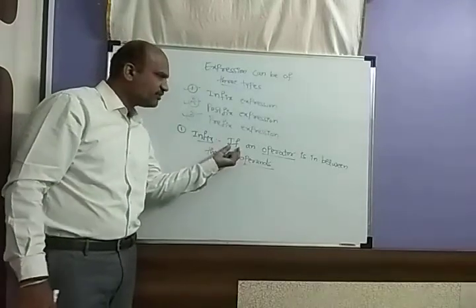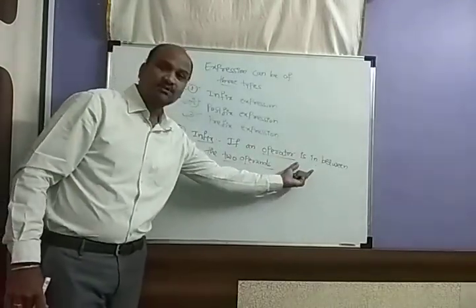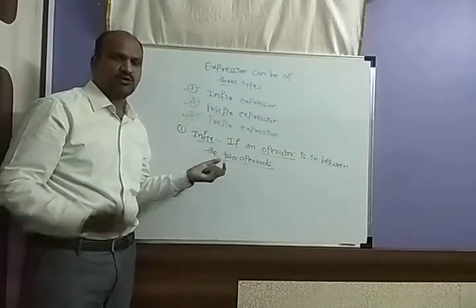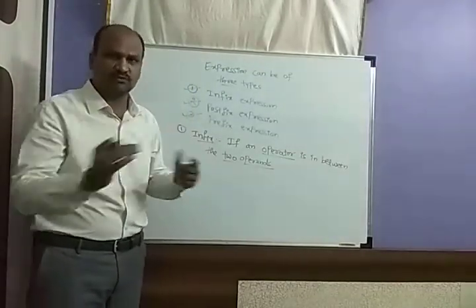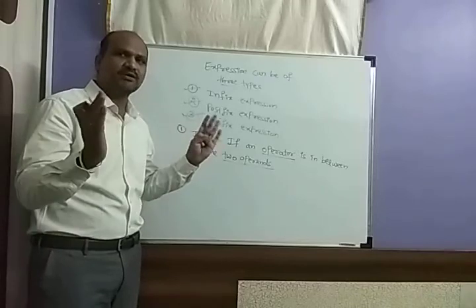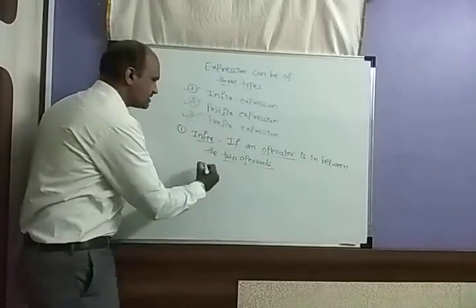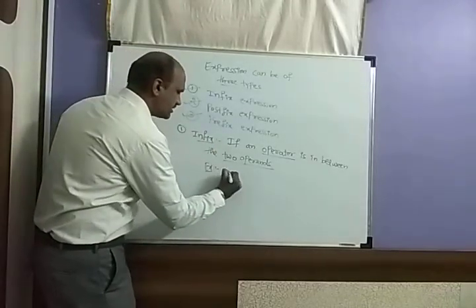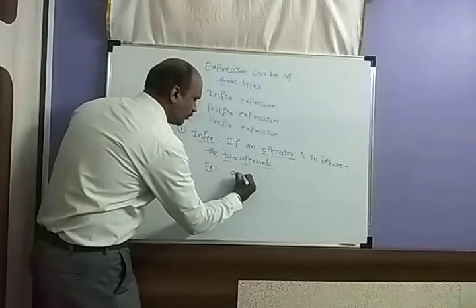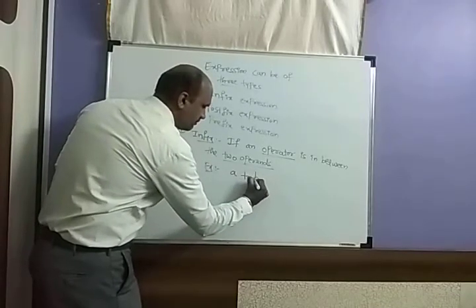Whatever the operator, whether plus, minus or multiplication, it should be in between the two operands. As an example, a plus b.